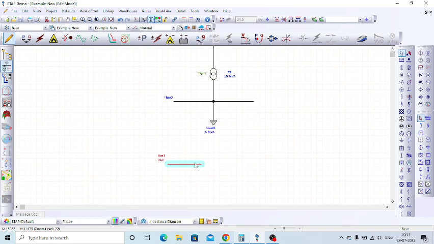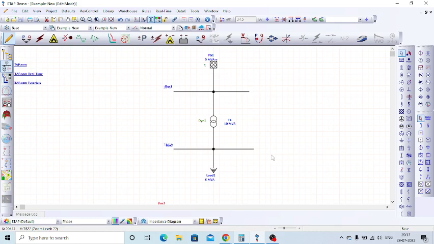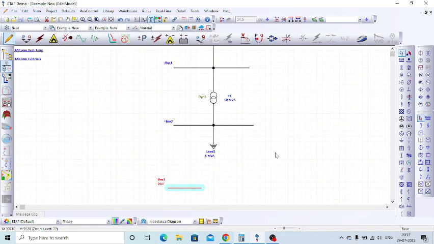The reason is the voltage is not the rated one. The moment the operating voltage is reduced from the nominal voltage, then you can see the variation. Okay, that's fine, sir. Thank you for the clarification.